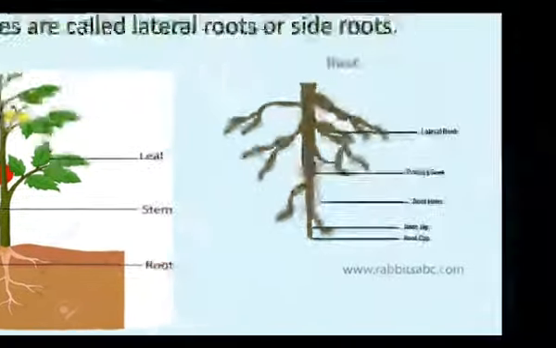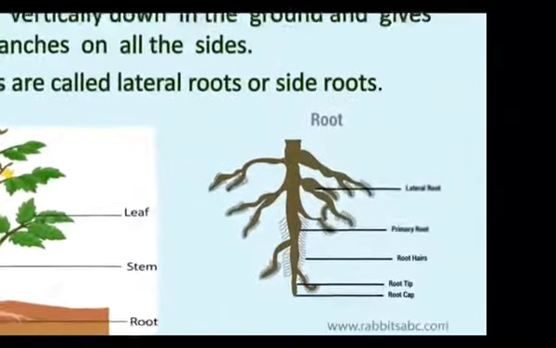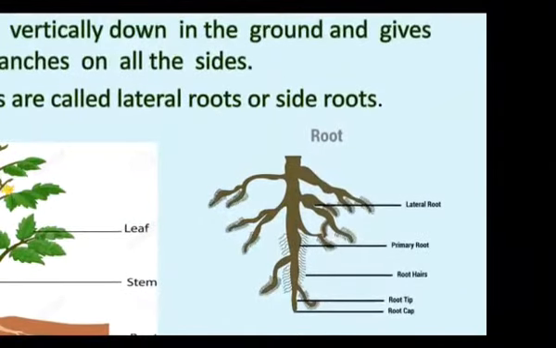So we can see the root. This is taproot. And the branches which are coming out apart from this main root are called lateral roots or side roots.